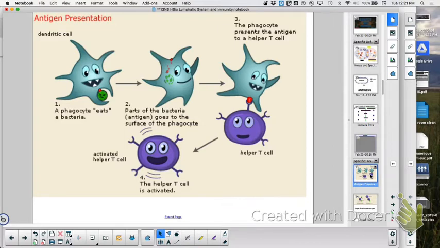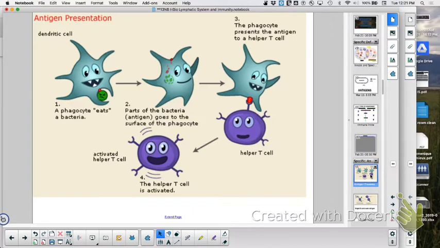Once he's done eating it and breaking it apart, he will expose that antigen. This is like where you cut the head off and you expose it. You say, I am looking for a virgin. Which virgin can fight this intruder, right? And we're looking for a virgin B cell, and we're looking for a virgin what? T cell, exactly.